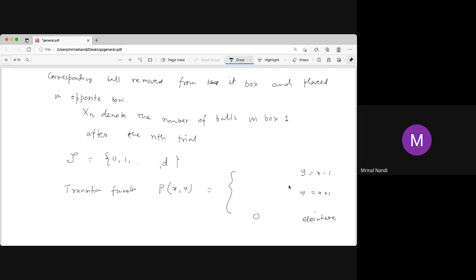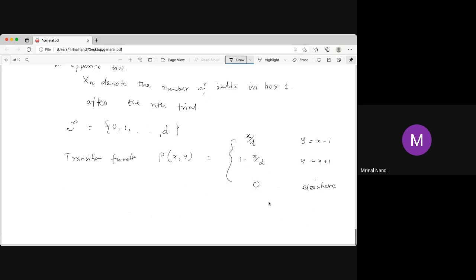There are x many balls, so you are choosing one integer randomly from d integers. The probability that it will be in the set containing the x integers is x by d. And the other is 1 minus x by d. So it is actually a random walk with p equal to x by d.